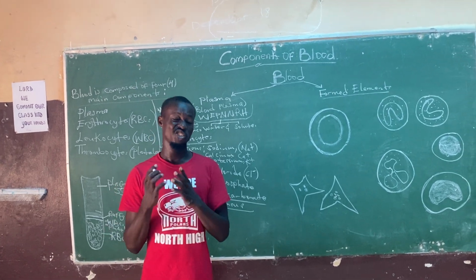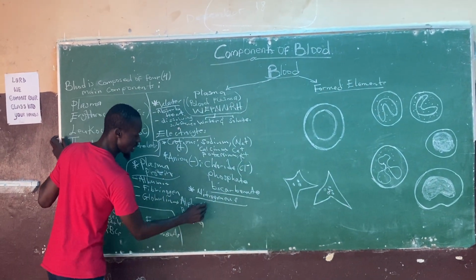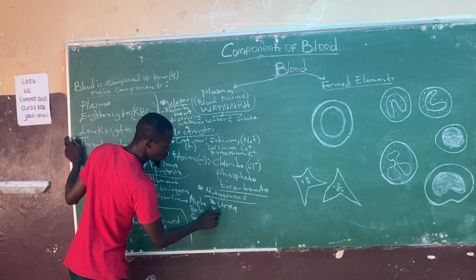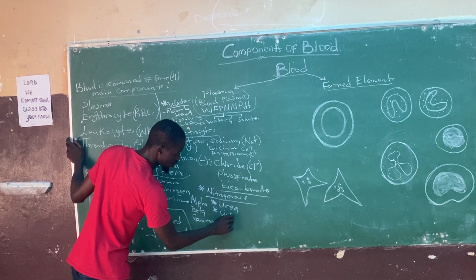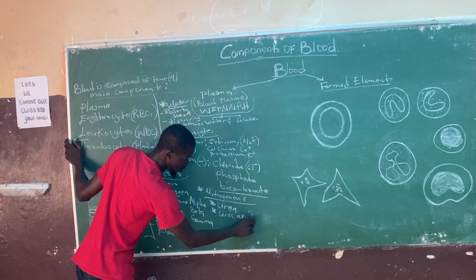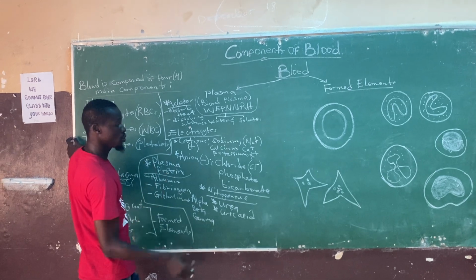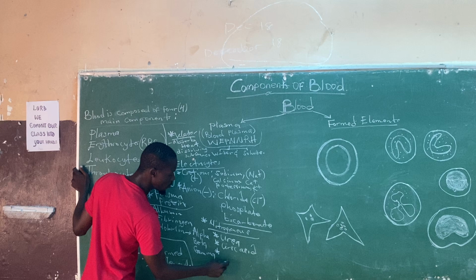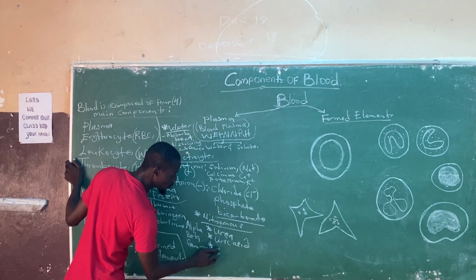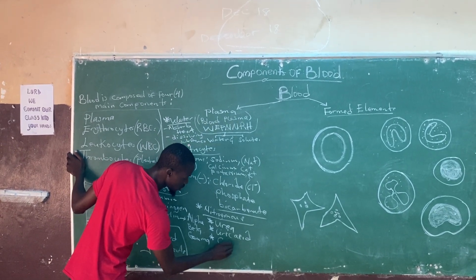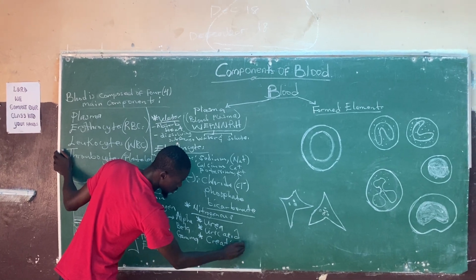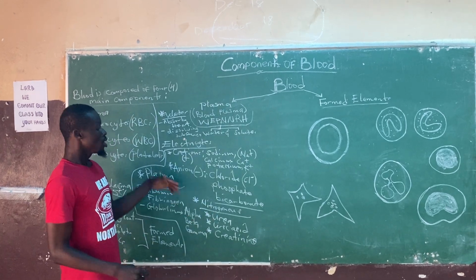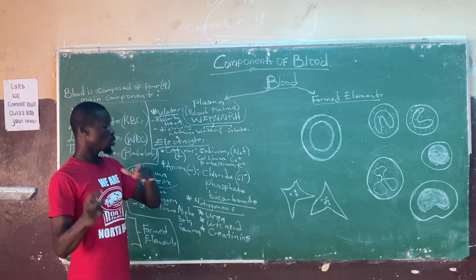So for nitrogenous waste, we have urea, which is produced from the liver, uric acid, and the breakdown from muscles, we use creatine. So these are nitrogenous waste.